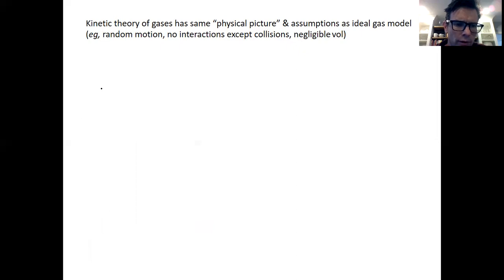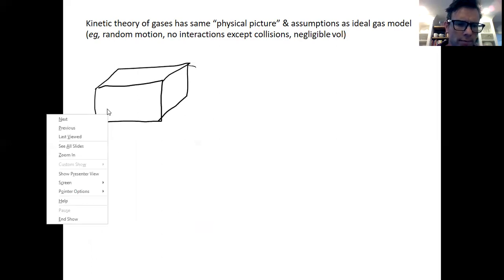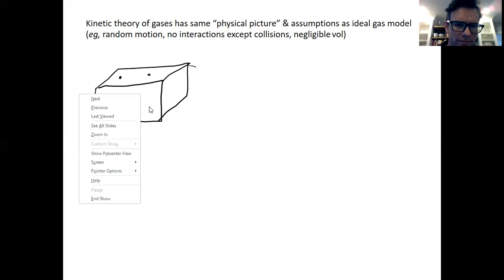I'm still learning to work with my pen, but I have some container. It's full of gas molecules. Don't do that. There we go. One here. Okay, here's one here.